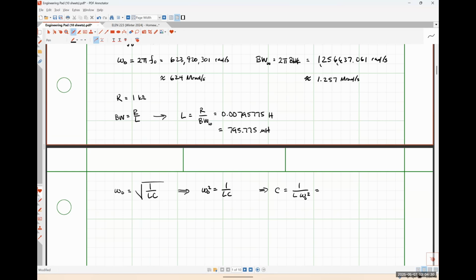Maybe it was simply putting it in my calculator, because when I just did 1 over the square root of A times B, which is where I stored L and C respectively, I got 5.5 times 10 to the 14, which is definitely not the thing that we were looking for.